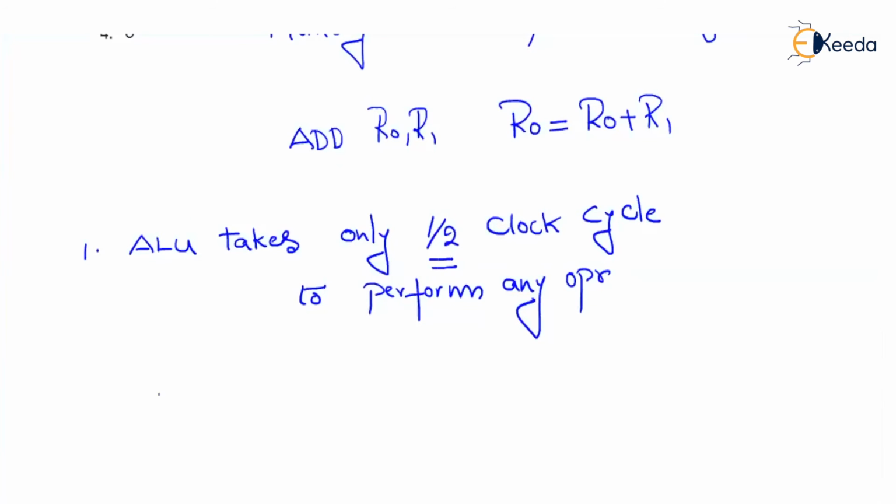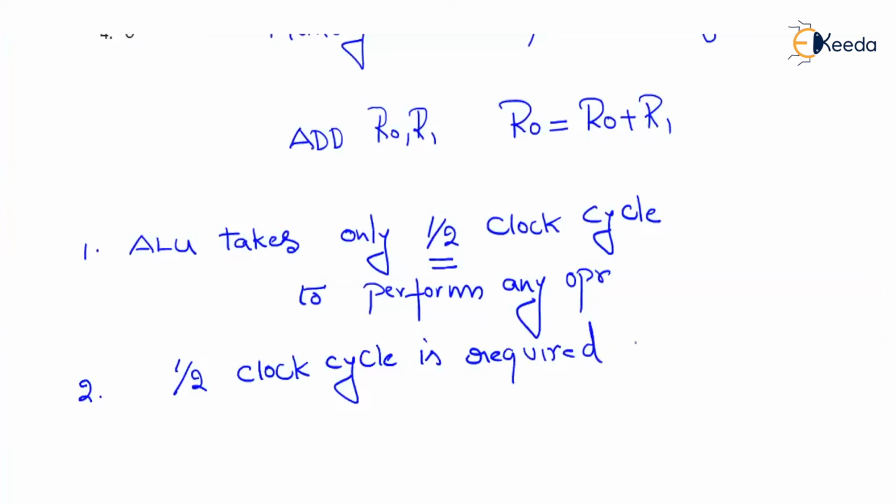And the second thing is that half a clock cycle is required to transfer the output of the ALU to the destination register.